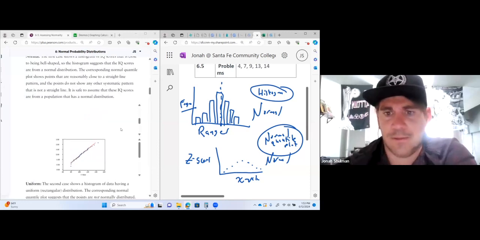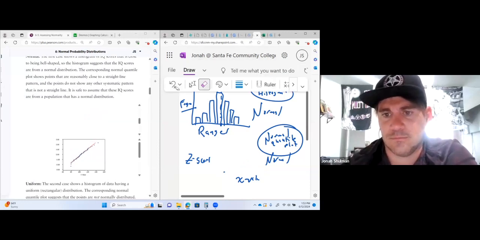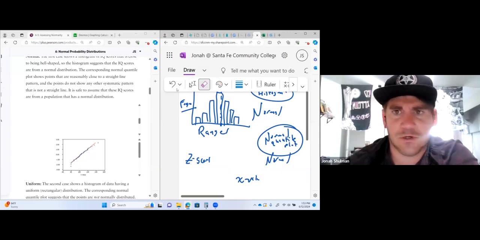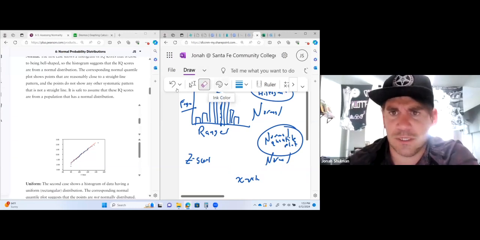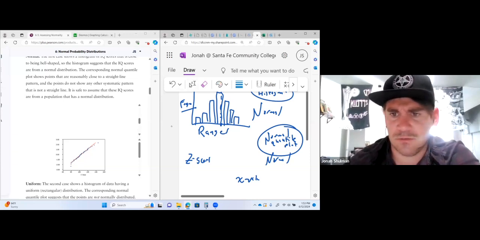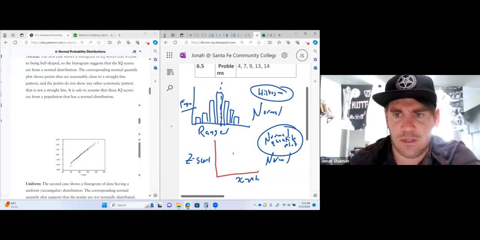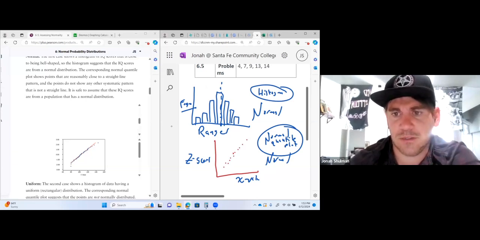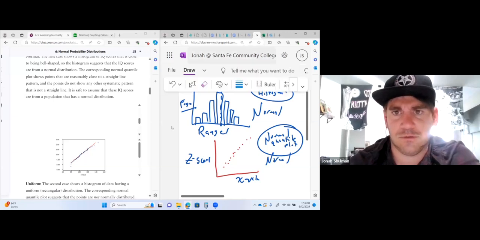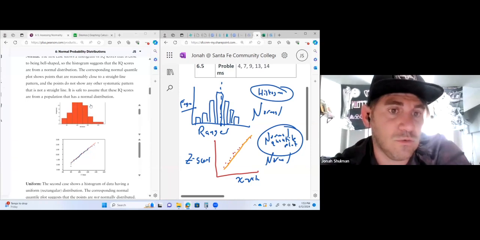Okay, got it. So because it has to go from small to big, that makes sense. So these are our z-scores. Remember, the middle should still match in the middle. And so they should all kind of fall and be positively sloped. And we should have kind of like a line that falls through it. That's pretty cool.